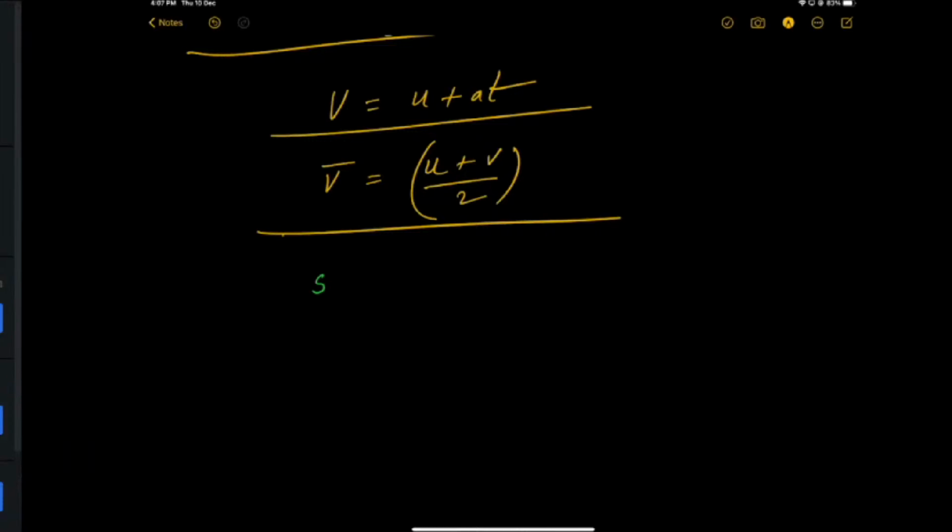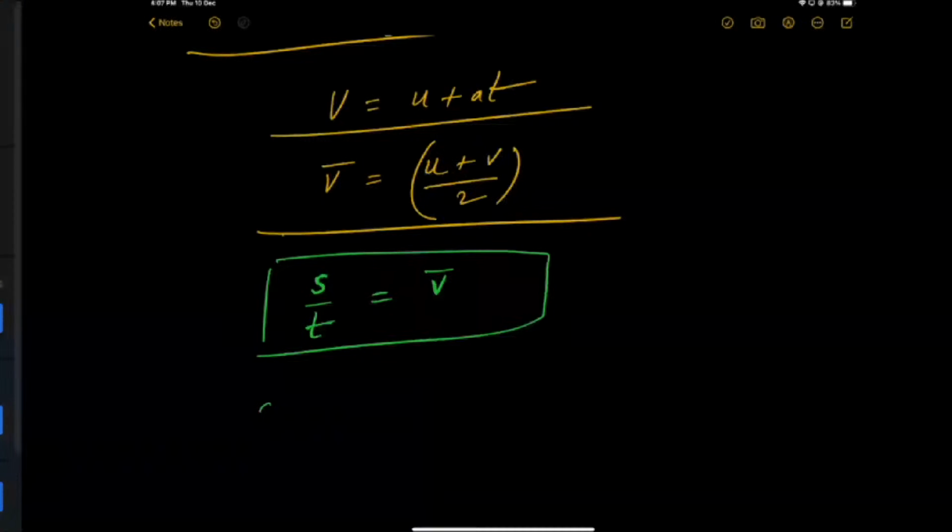What is displacement by time? Total displacement by total time is average velocity. It's not initial velocity, it's not final velocity, it's average velocity. So if the displacement of the journey is s and the total time of the journey is t, then average velocity is given by s by t. Clear?